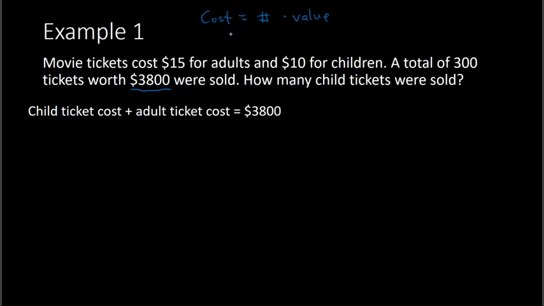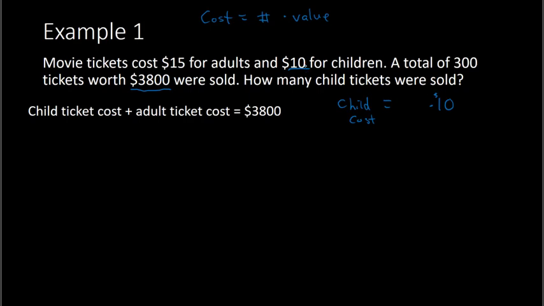So for the child tickets, the cost equals the number times the value. The cost for each one is $10 for children, so it's going to be something times 10.